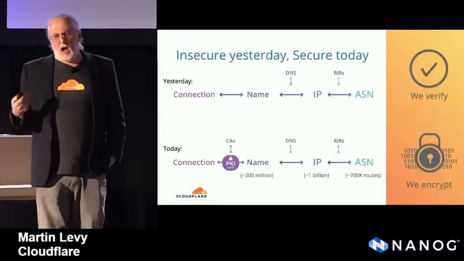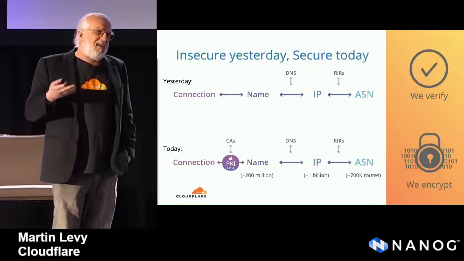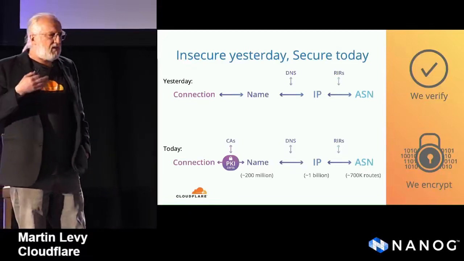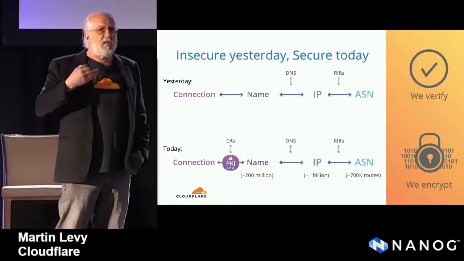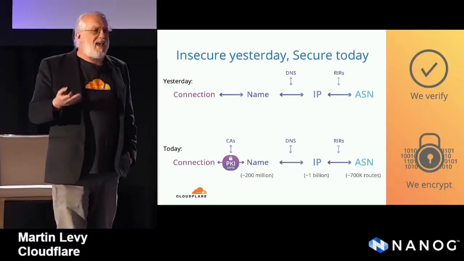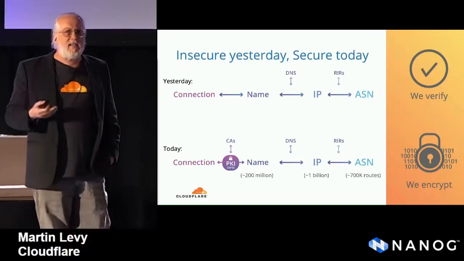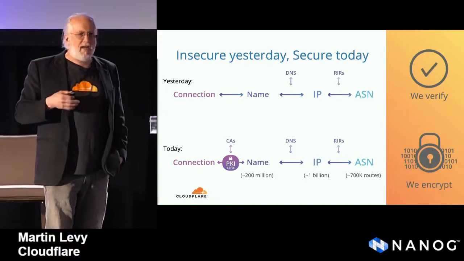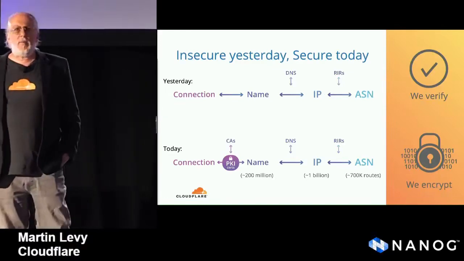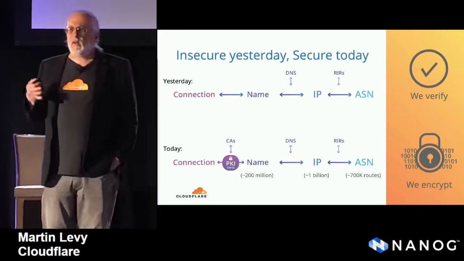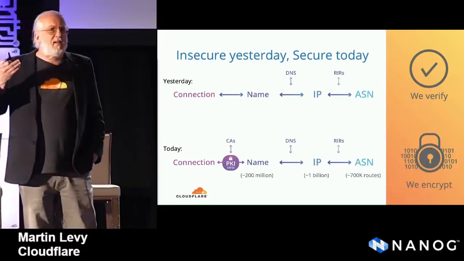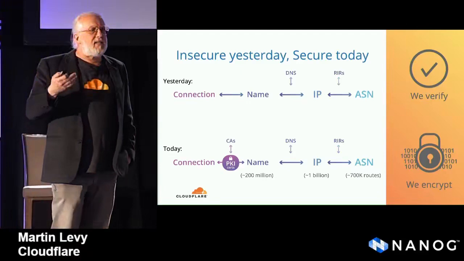So let's look at a diagram in whichever way you want to do it, but this diagram simply says that we used to have a connection that needed a name, and it needed to be converted via DNS to an IP, and that IP ran through a routing table with an ASN, and we ended up connecting. If we look these days, we have names and DNSSEC.